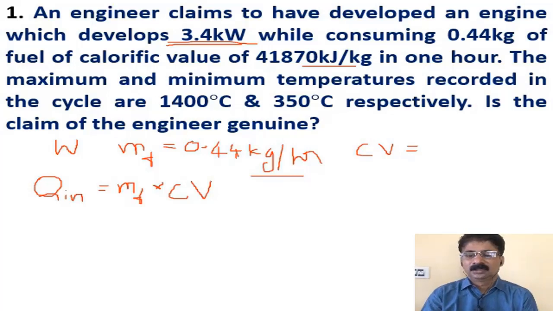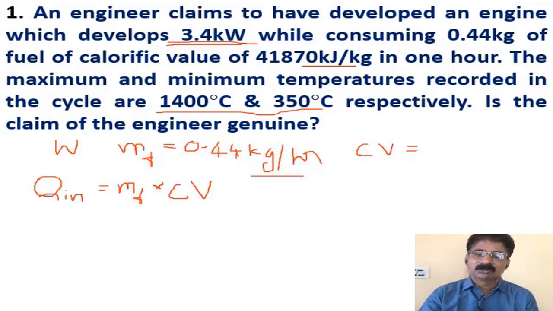Now all of you know that any engine can have a maximum efficiency equal to the Carnot efficiency or the reversible engine efficiency. For that you should be given the two temperature limits on which this engine is working. That means the source temperature and the reservoir temperature between which this engine is working.